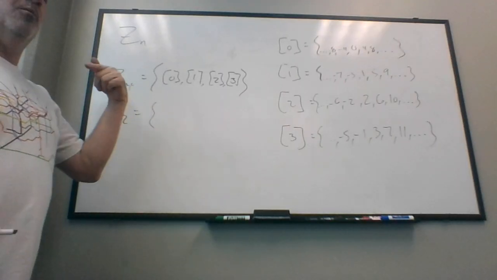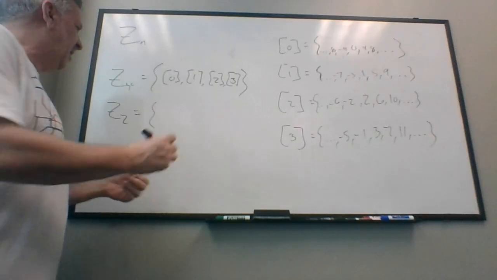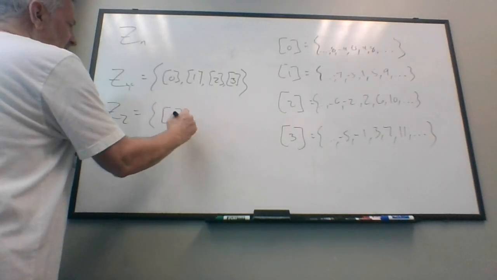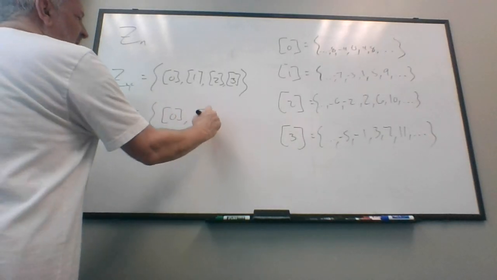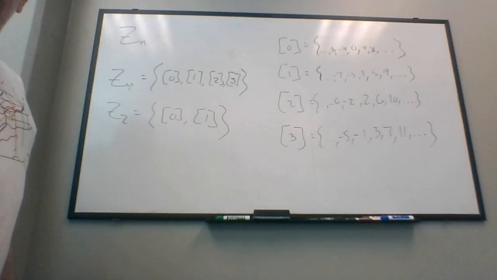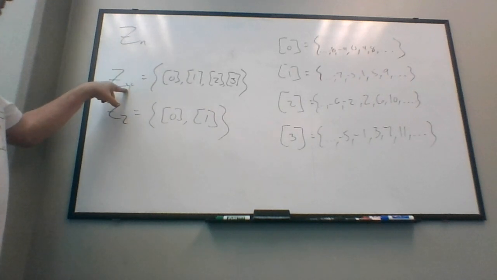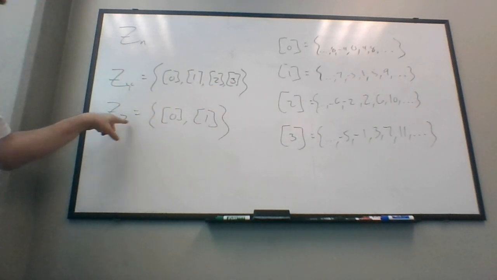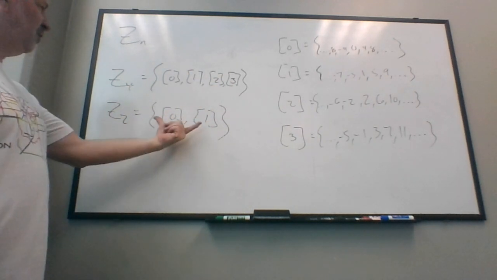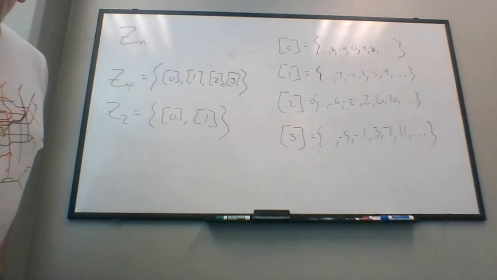Well, you use the possible values for r, the remainder, when n is 2. The class with 0 and the class with 1. That's it. Okay. Remember the previous theorem said there are n classes running from 0 to n minus 1. Right? So for 4, we went from 0 to 3. For 2, you went from 0 to 1. Okay, so Z2 has 2 classes, Z4 has 4. They go from 0 to n minus 1.